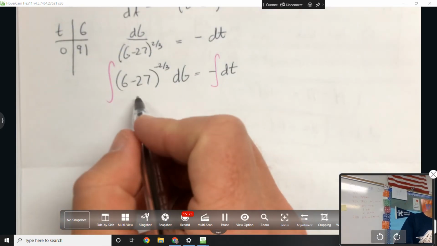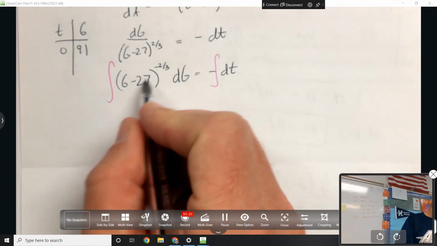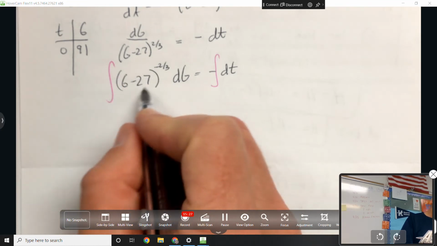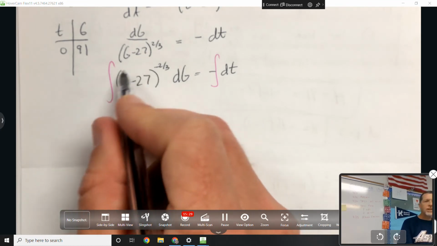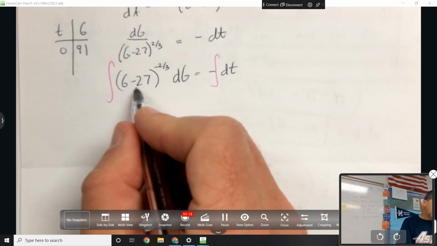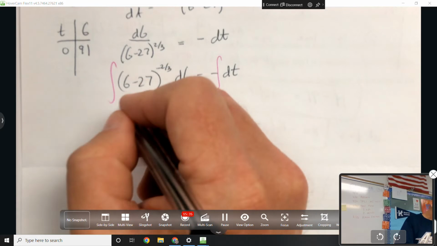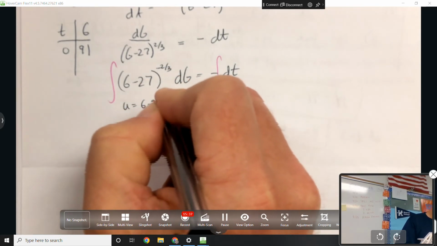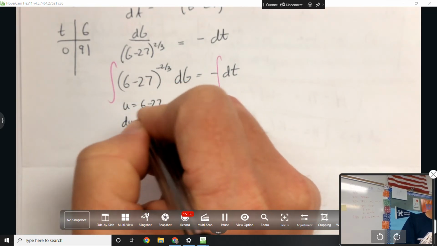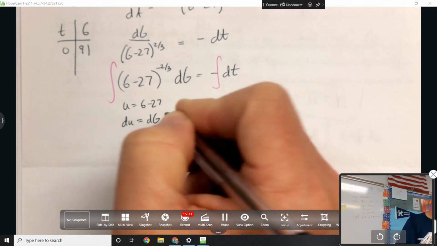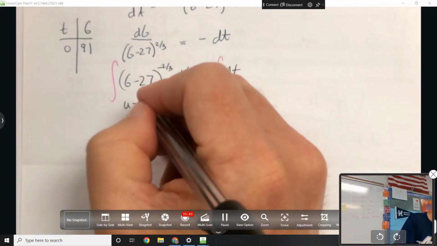So, let's see. I could do a u substitution here, but it would just be g minus 27, du would be dg, and so I don't know that that's really necessary. Sorry, my 6's and g's look alike here.